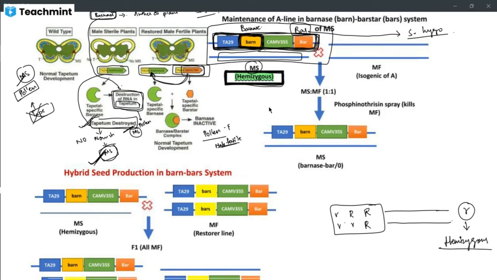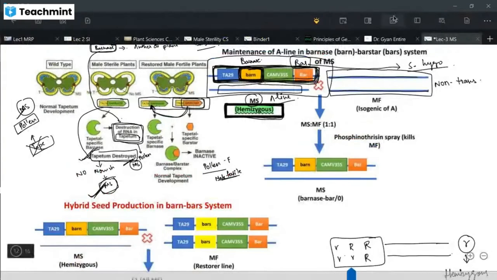So when you cross this male sterile line, that is your A line, with the normal one, which is non-transgenic, your normal plant which has the normal construct, there is no transgene here. Everything here is your transgene. Is it okay? Yes, sir. Wait, I'll show you clearly.